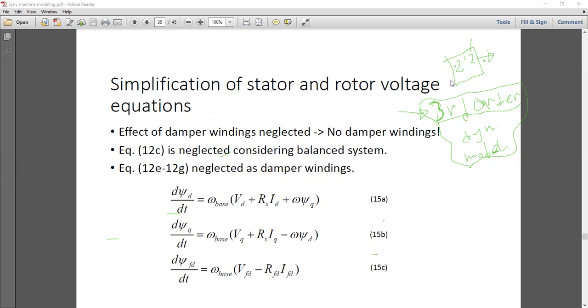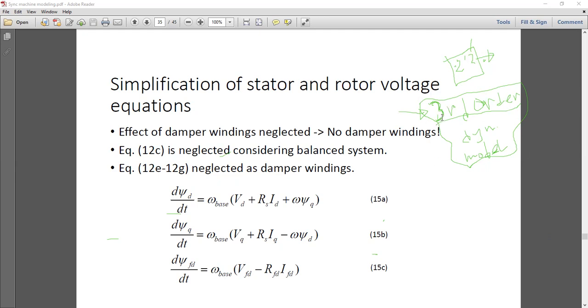So for the time being, we understand the background behind the development of model 2.2. But for our course, we will take a simpler model. We already know what is in the background, how we reach model 2.2. However, for further calculations in this course, we will be focusing on the third order model.